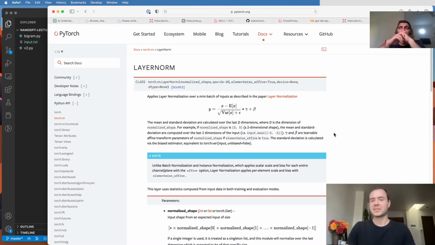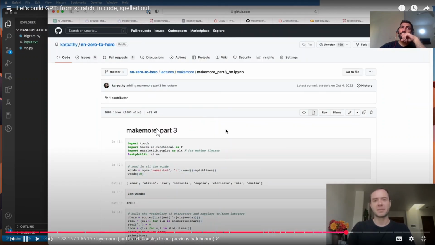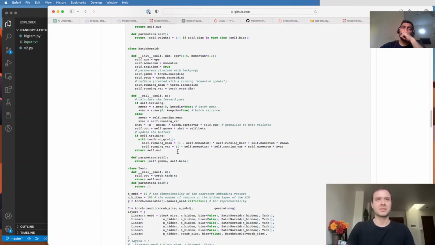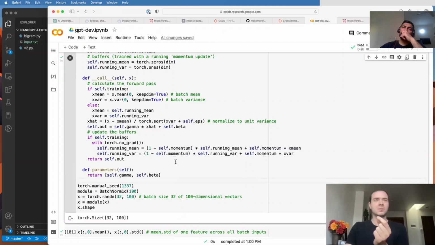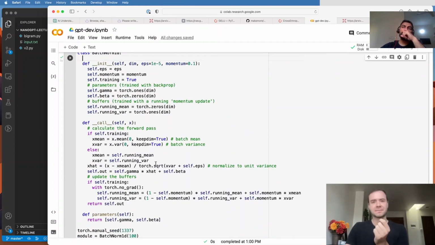And layer norm is very, very similar to batch norm. So remember back to our makemore series part 3. We implemented batch normalization. And batch normalization basically just made sure that across the batch dimension, any individual neuron had unit Gaussian distribution. So it was 0 mean and 1 standard deviation output. So what I did here is I'm copy pasting the BatchNorm1d that we developed in our makemore series.